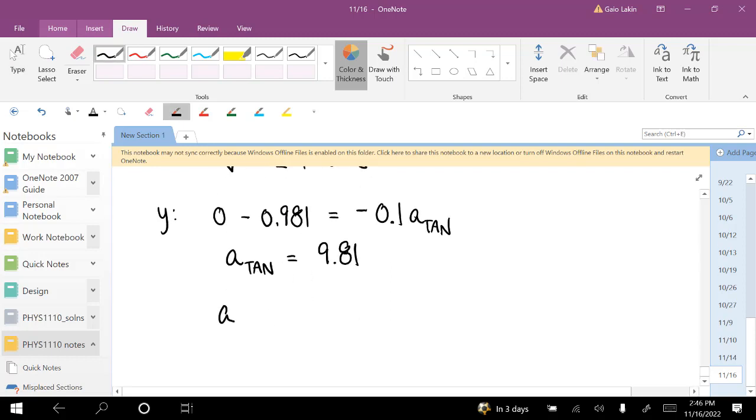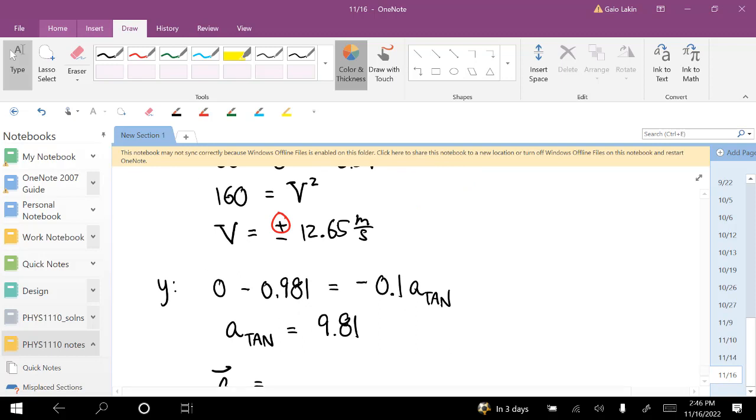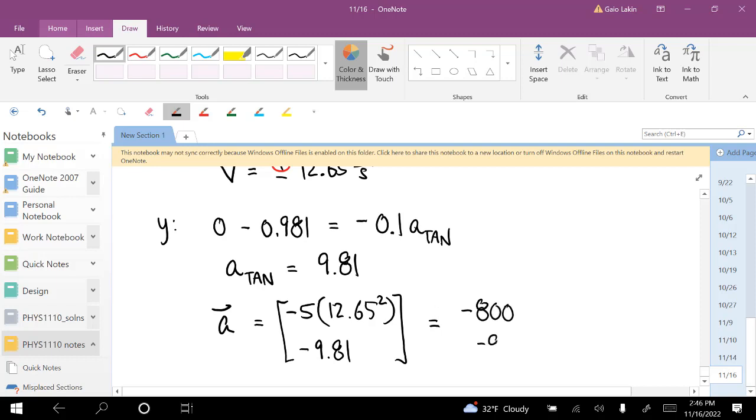And now we have both of those two variables we needed. So plug those back into the total acceleration vector. And you get negative 5 times 12.65 squared for x, negative 9.81 for y, or negative 800, negative 9.81.